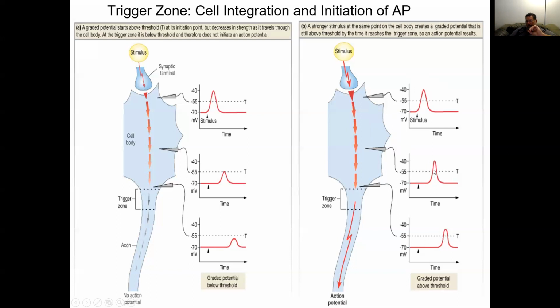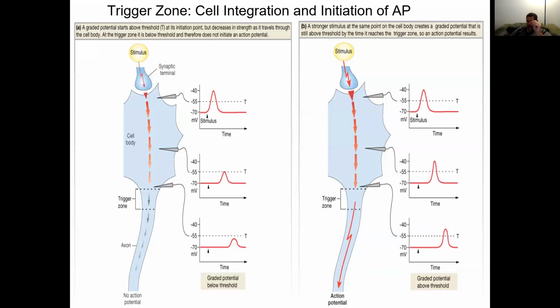And if you look at the right, you'll see that the voltage stayed higher, so that when it reached the trigger zone, and that's what these needles are representing, reading on an oscilloscope or whatever they would call it, those voltage-gated sodium channels' activation gates opened. And when they opened, because they were over negative 55 millivolts, the threshold, action potentials were triggered to travel down the axon.